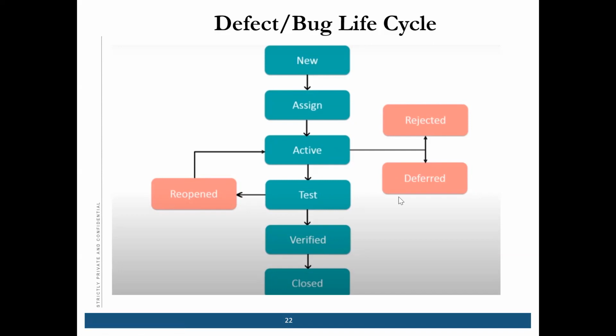For example, the tester will log the defect after testing the test case. If the test case doesn't pass and has any trouble, then we will log it as a defect, and after that it will go to the developer.